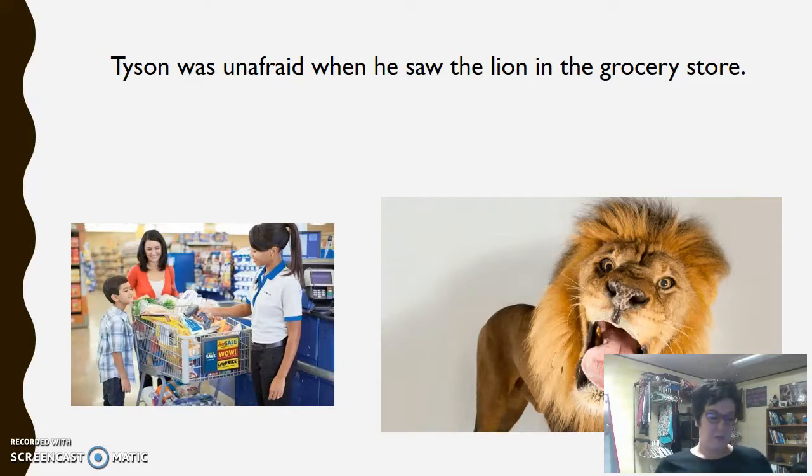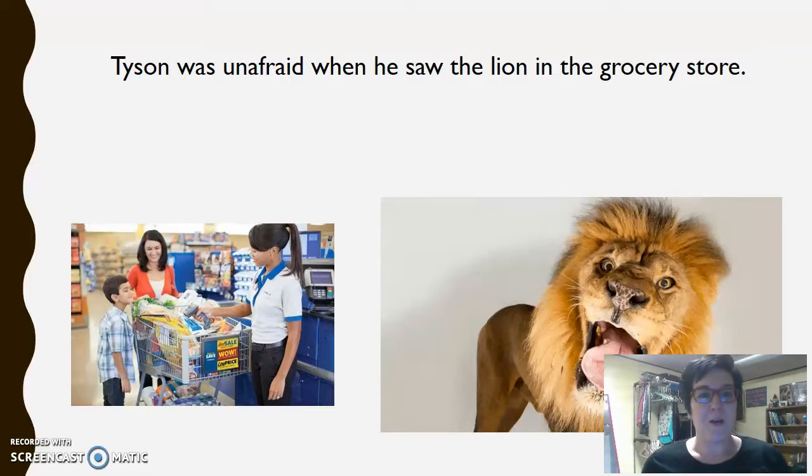So now we're going to do some stuff as a group. We are going to do something really exciting. So together, let's read this sentence. Tyson was unafraid when he saw the lion in the grocery store.